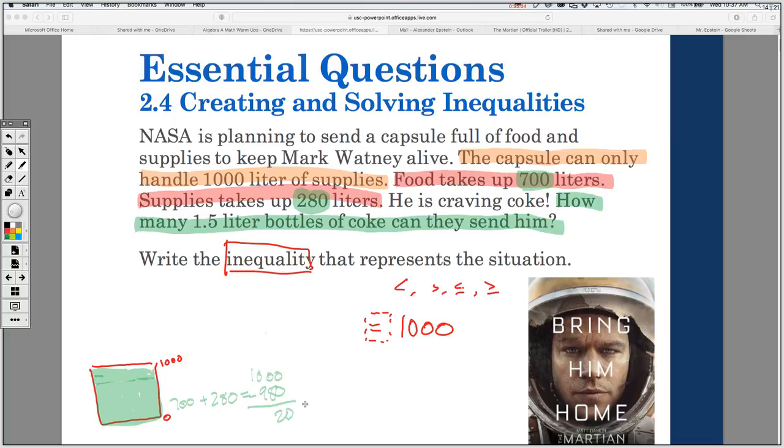Divide. So we were able to make sense of this whole thing. You get that you could have 10 bottles of Coke. All right. So we were able to make sense of this just visually. Makes it seem a lot easier.